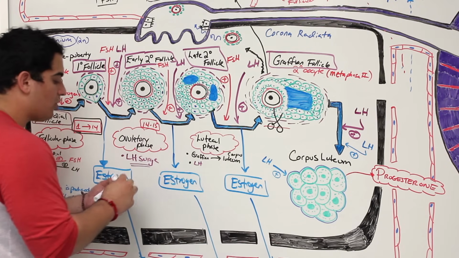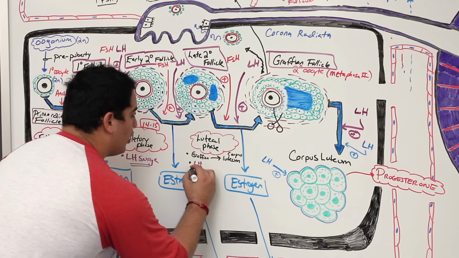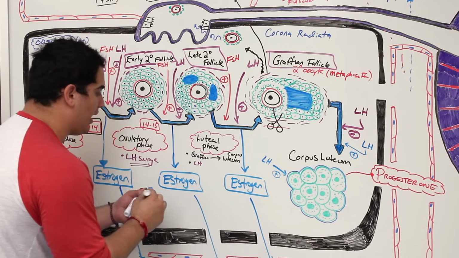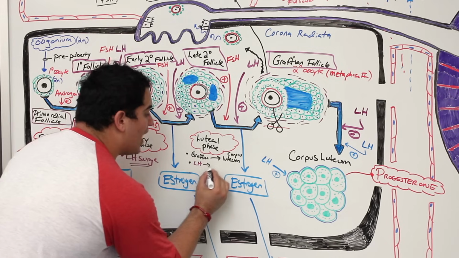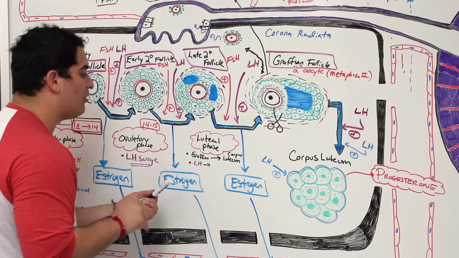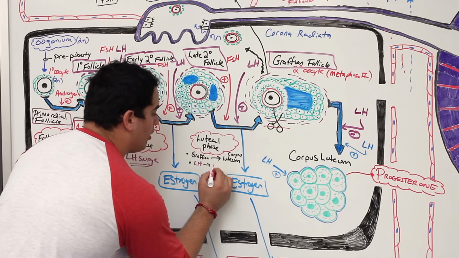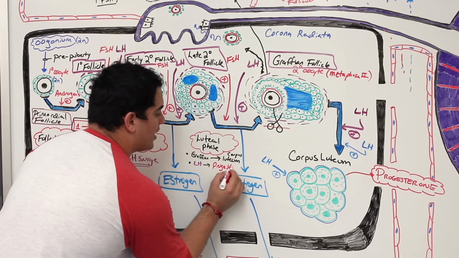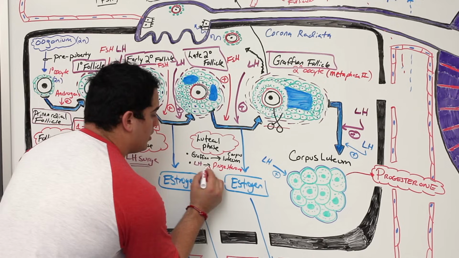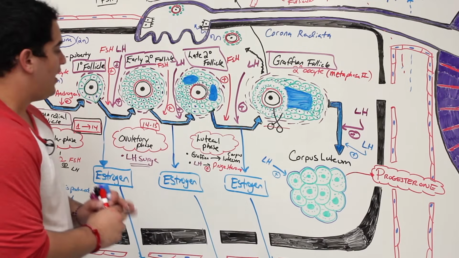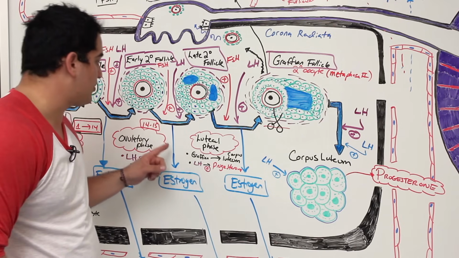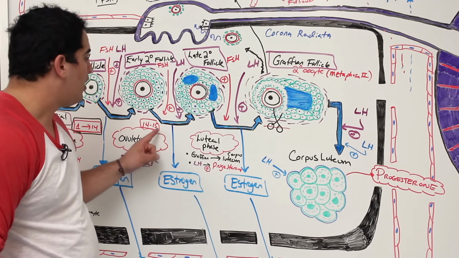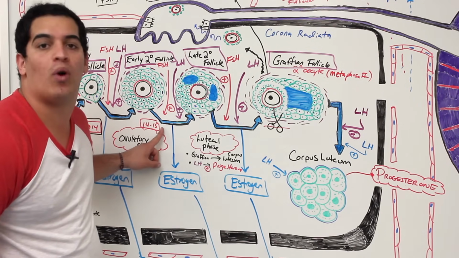And then what's the result of this luteinizing hormone? Luteinizing hormone is actually stimulating the corpus luteum to produce what? Progesterone. So it's stimulating the corpus luteum to produce a very important hormone, which is called progesterone. That's what luteinizing hormone is doing. Now the luteal phase, assuming a normal ovulatory cycle, is from about days 15 to 28.